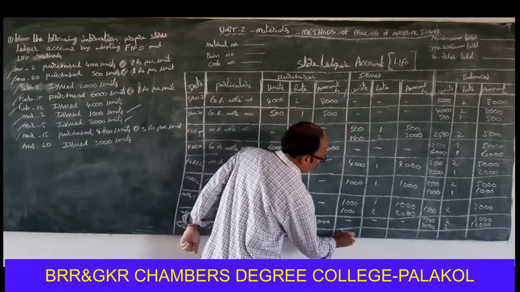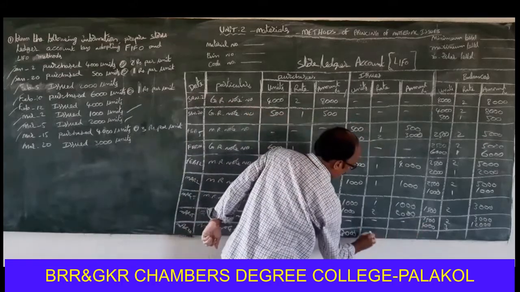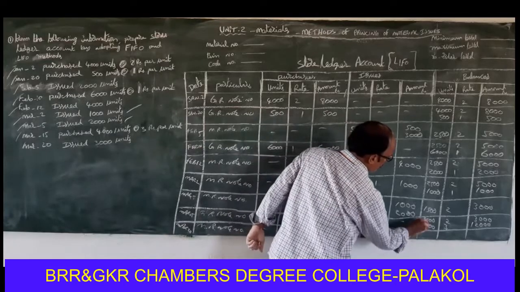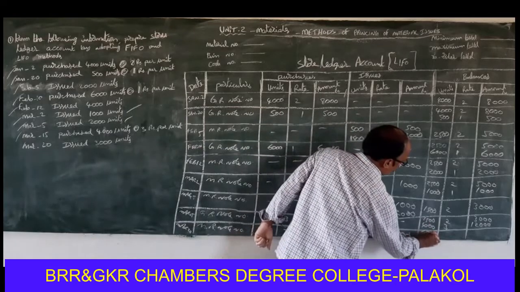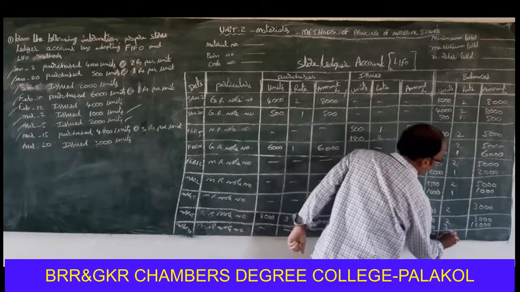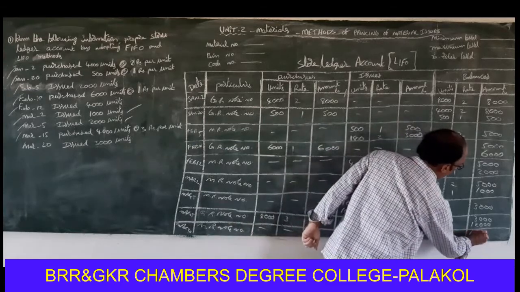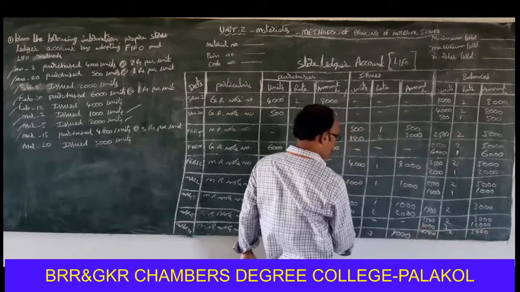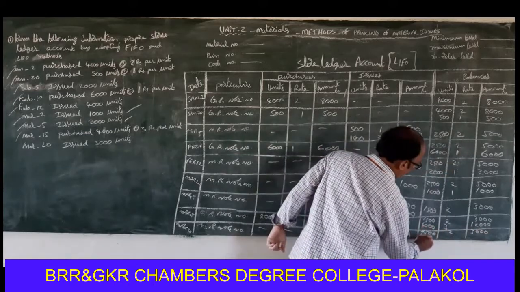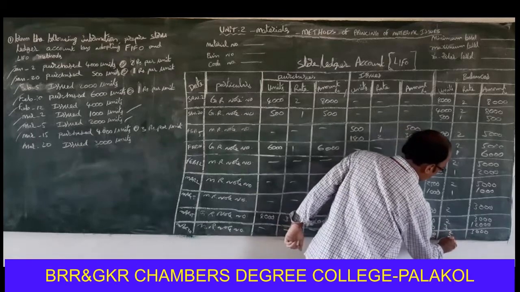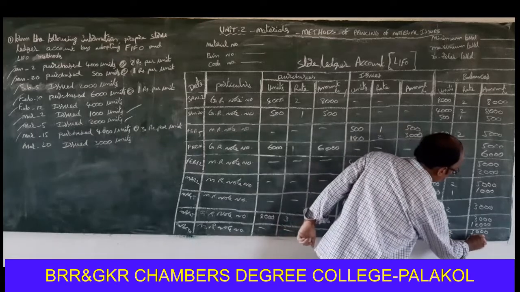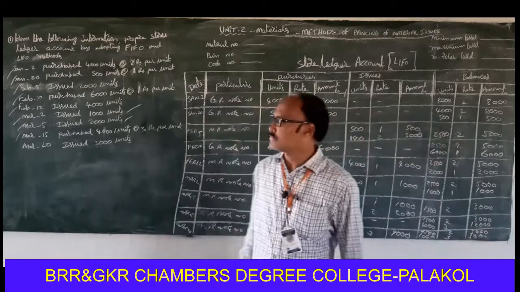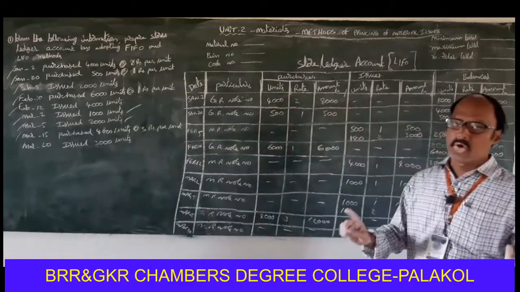So 3,000 units at 3 rupees per unit, 9,000. Then 1,500 units at the rate of 2 rupees per unit, 3,000. From this we issued 3,000 units. That's why 1,000 units at the rate of 3 rupees per unit, 3,000. This is the closing stock. Once again, this is the LIFO method.